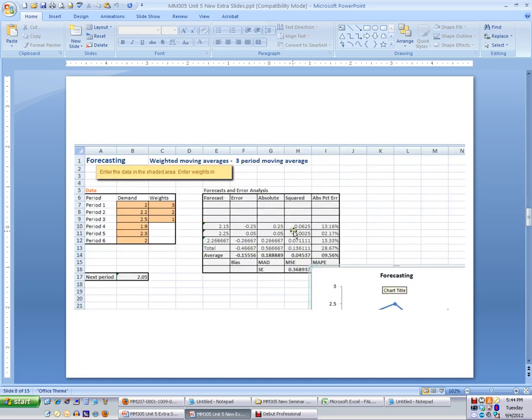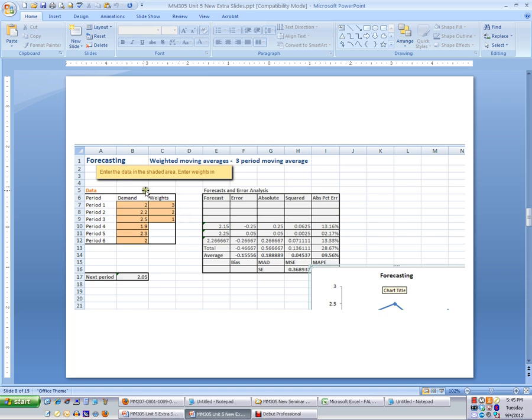However, this time we are giving different weights. We're going to count our previous months a little differently. For example, period 1 we give more weight, maybe because it's a little bit older, more established. We give it a weight of 3. Period 2 has a weight of 2, and period 3 has a weight of 1.